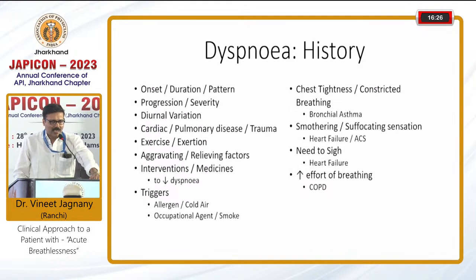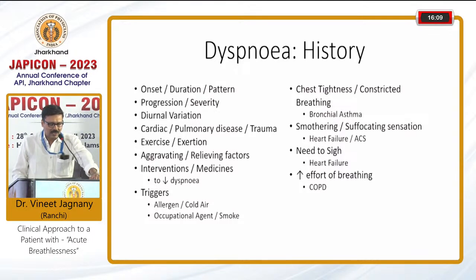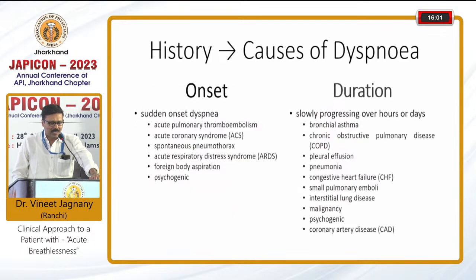While diagnosing, it's important to get the history, as Mitra sir was right now saying, that history is very important when we talk of any diagnosis. So onset, duration, pattern, the severity, any diurnal variation, any aggravating relieving factors, any medicines which trigger, the pattern of dyspnea, the correlating conditions will lead to appropriate diagnosis of dyspnea.